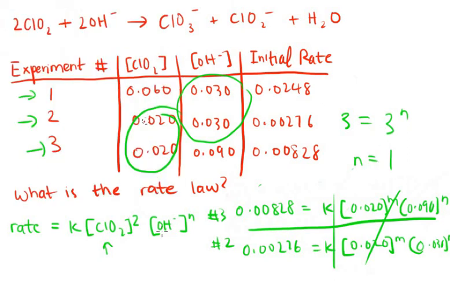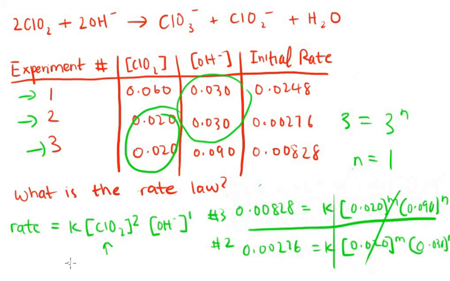So a big chunk of our answer is done. That is our rate law for now, but we also want to know the rate constant. And now that we know the actual orders, we can just plug in one of the experiments. It doesn't really matter which one. You're gonna get about the same answer.